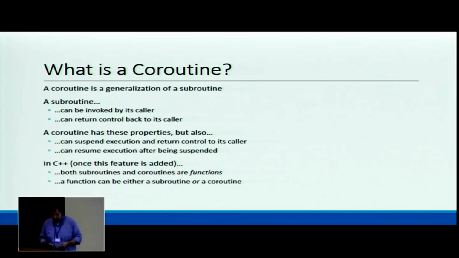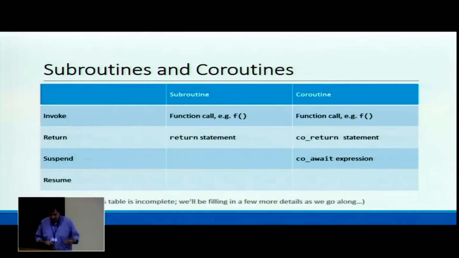So in the C++ coroutines proposal, both subroutines and coroutines are functions, and a function can be either a subroutine or a coroutine, and we'll see what distinguishes them. So I have this handy little table that we'll look at. Both subroutines and coroutines can be invoked, and they're invoked via a function call, so we just call f.